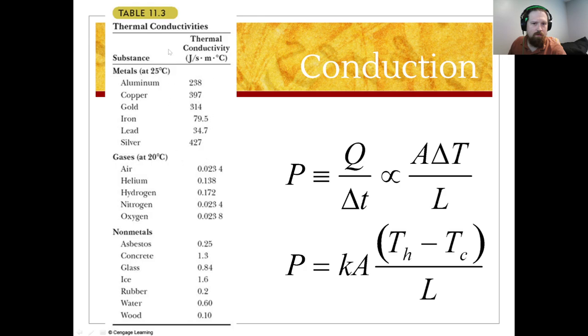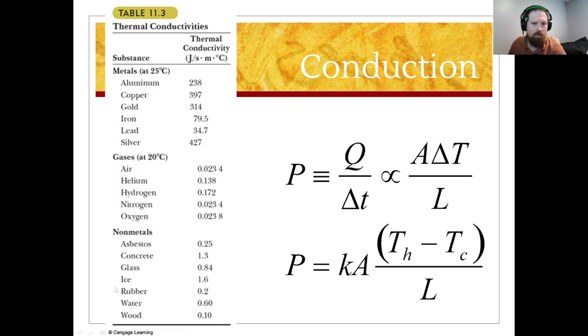Here we have various metals which have relatively high rates of thermal conduction, all things considered. This represents the amount of energy that is able to pass through that material every second. So, the highest one currently on this table is silver. 427 joules of thermal energy are able to flow through silver every 1 second.